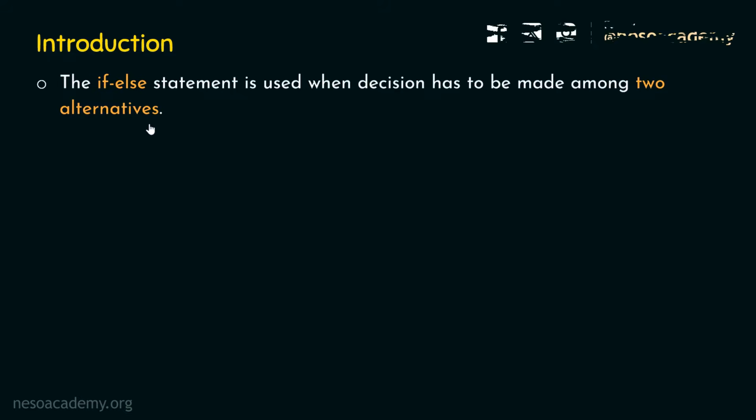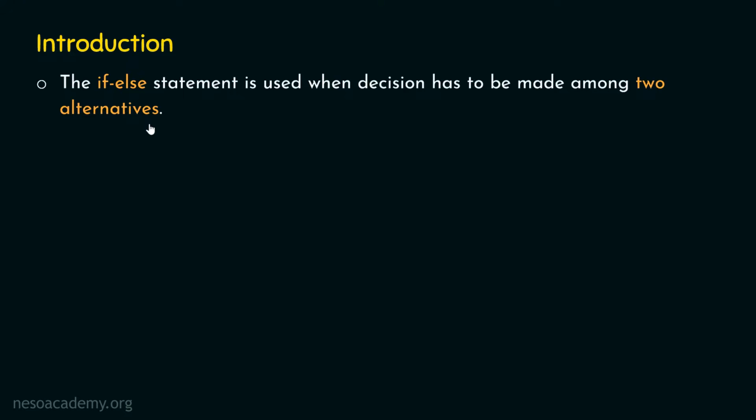So we have two alternatives, and when the decision has to be made among them, we can use the if-else statement. There can be a couple of statements in if and a couple of statements in else, and we have these two alternatives. Either the statements inside if will be executed or the statements inside else will be executed. We know this from the last lecture.